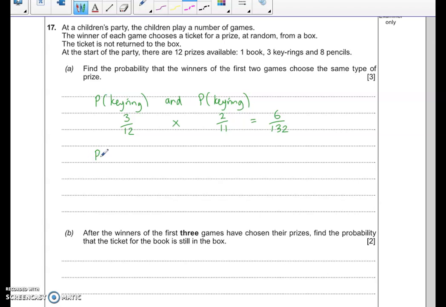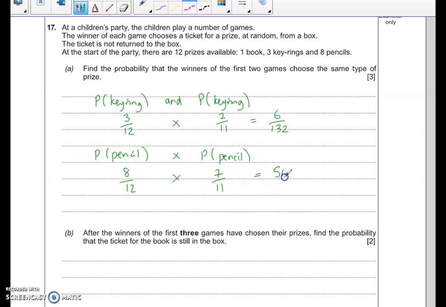The other way they could both get the same prize is they could both win a pencil. So we've got the probability of the first child winning a pencil multiplied by the probability the second child wins a pencil also. So that's 8 out of 12 chance of the first child winning a pencil. And if they've already won a pencil, there's only 7 left in there out of 11.